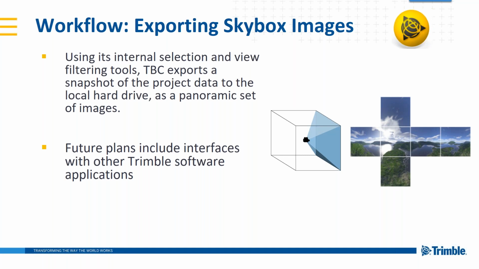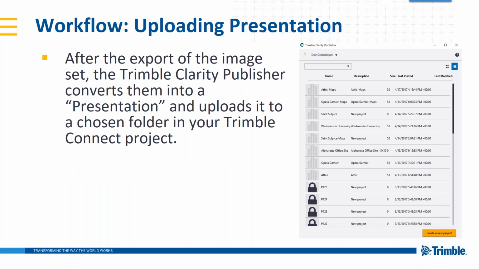Those images are panoramic images, and you also have scan data. It will generate range information to overlay on that image. So that's the basic. Those get created onto your local hard drive. Future plans are to include this capability in other Trimble software in the near future.